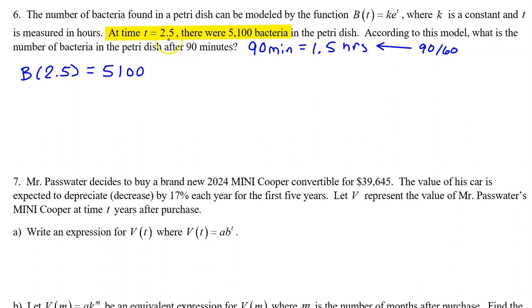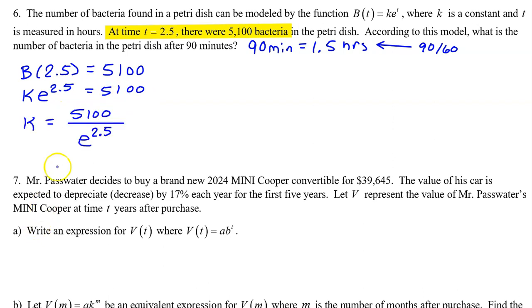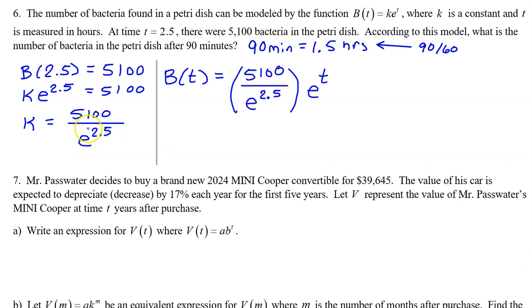At time t equals 2.5, there were 5,100 bacteria. That means b at 2.5 equals 5,100. Using the given model, we have k times e to the 2.5 power equals 5,100. Dividing both sides by e to the 2.5 power gives k equals 5,100 over e to the 2.5. Substituting this expression back in for k, we have a complete model for b of t.